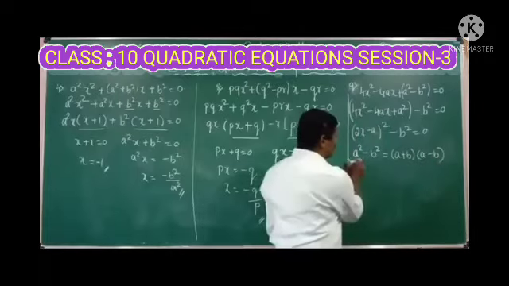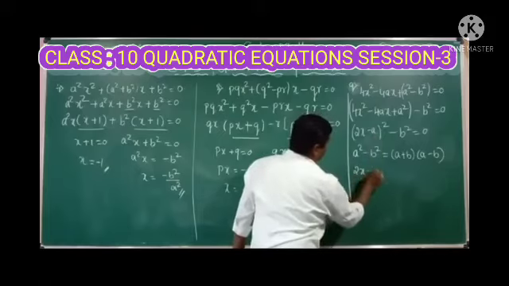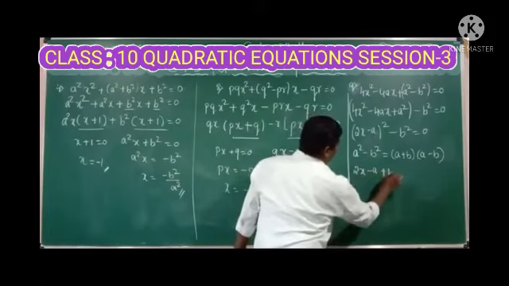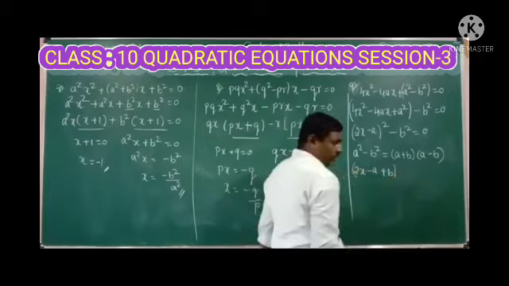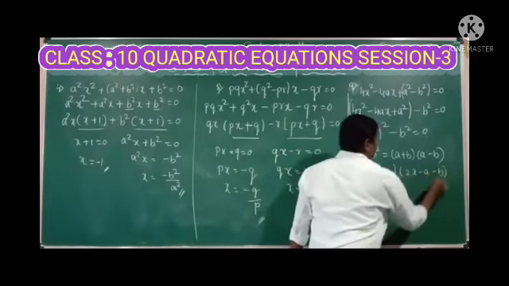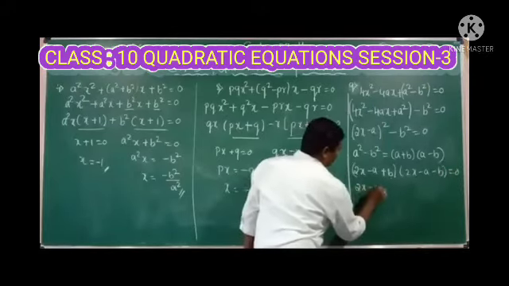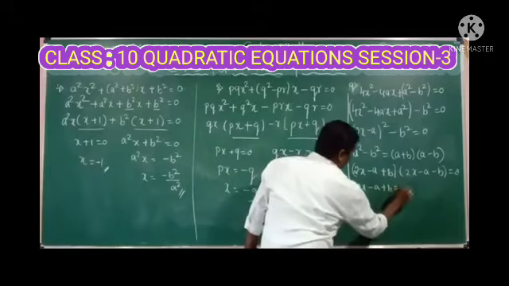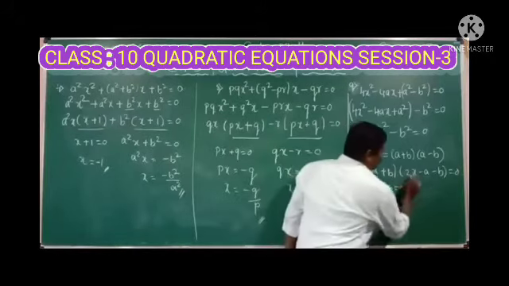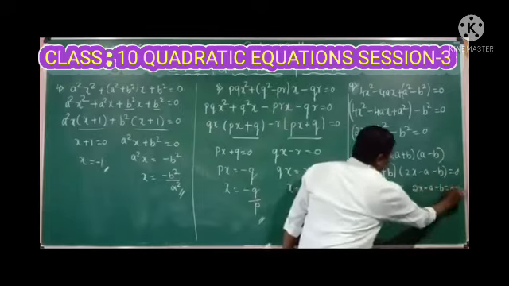By using this identity, split these two terms: one term is 2x minus a plus b, and another term is 2x minus a minus b, equal to 0. Now 2x minus a plus b is equal to 0. The second term is 2x minus a minus b is equal to 0.